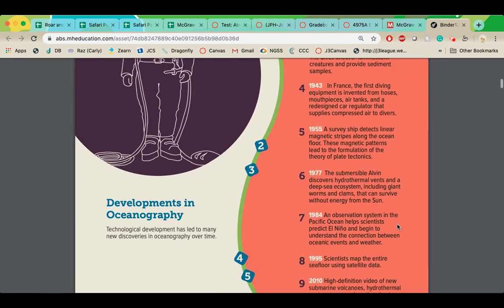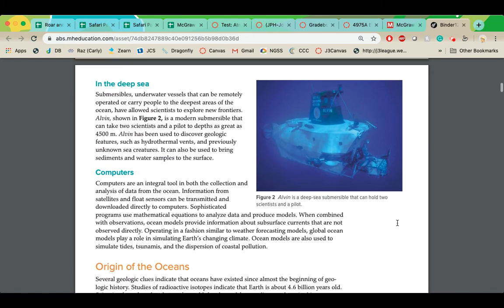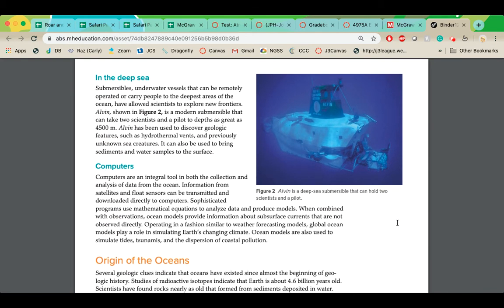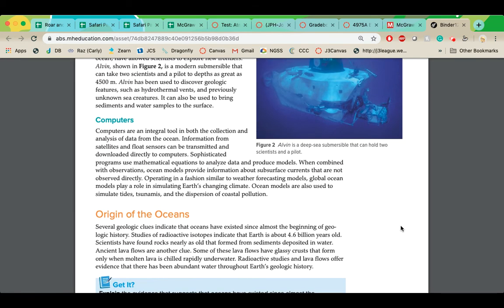And this is a great timeline in oceanography and developments. It's basically a very unstudied frontier for how much of our Earth it takes up. Scientists estimate that the ocean is approximately 4.56 billion years old, so it was formed shortly after the Earth was formed.